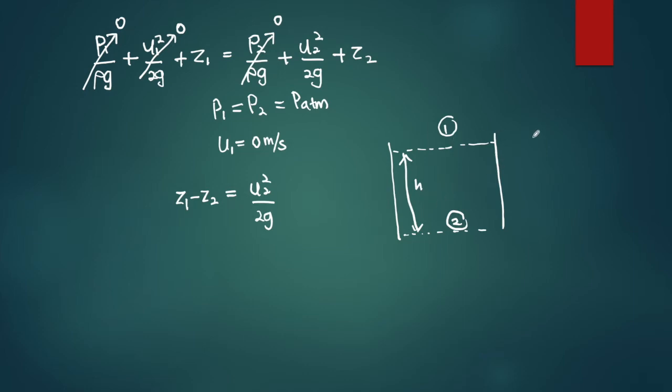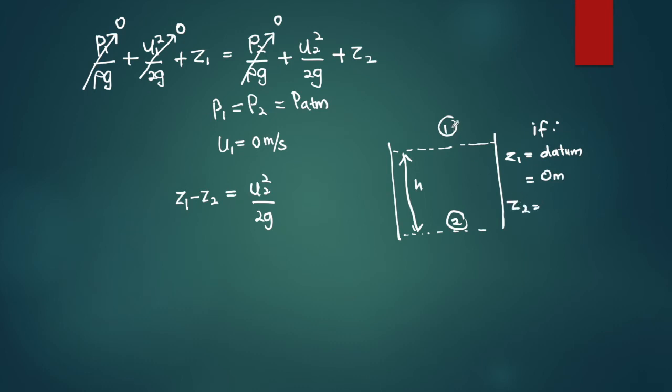Now, there are two ways. If you choose point number 1 as your datum, I will make it 0 meter. Then what about Z2?